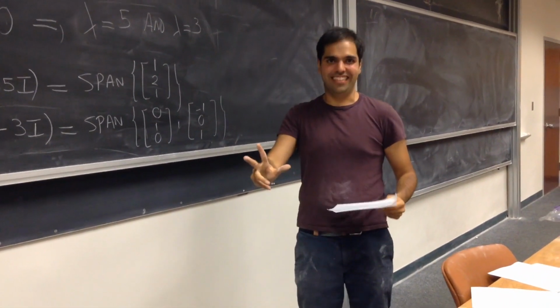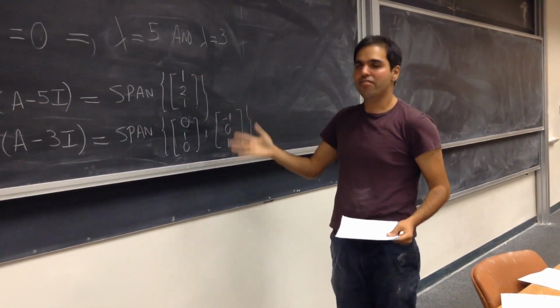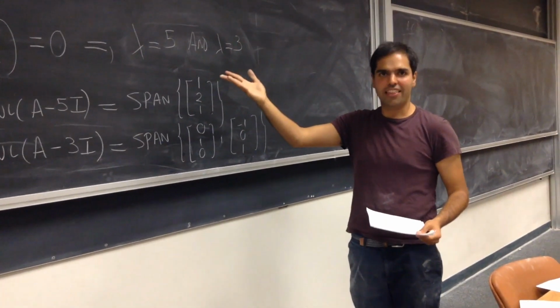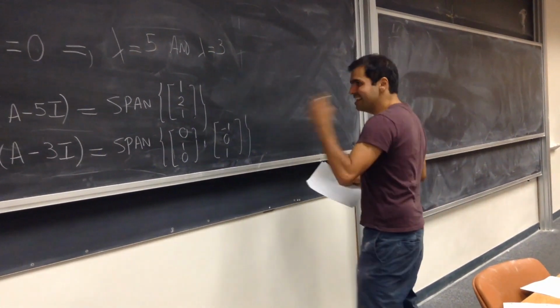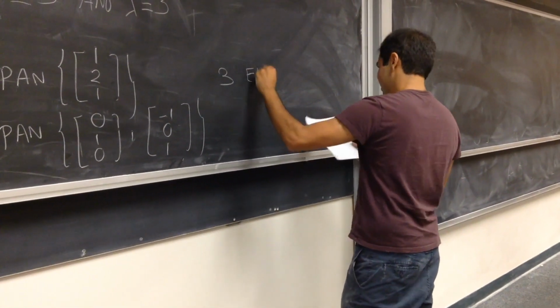This is amazing because you found 3 linearly independent eigenvectors, and you have a 3 by 3 matrix. So this is great.